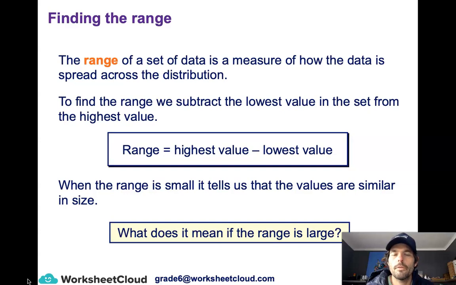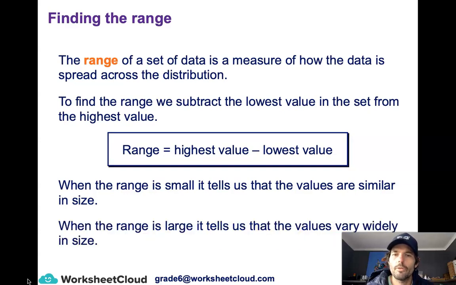What does it mean if the range is large? If the range is large, it tells us that the values vary widely in size. Large ranges could be anything from the distance a golf ball is hit by various numbers of people. I can't hit a golf ball very far, but you might be able to hit it a few hundred yards.